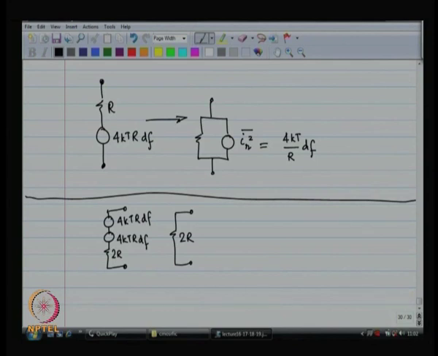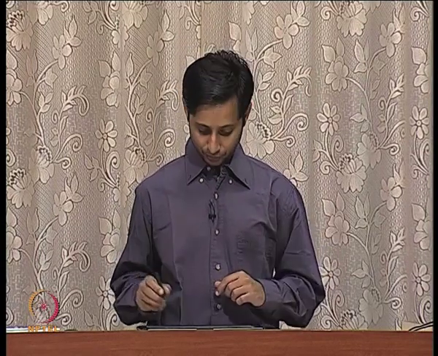But what you have to remember is that these voltages are mean squared noise voltages. Then you have to remember that noise is a random process. When two mean squared noise voltages come in series with each other, it is not the same as series voltages.